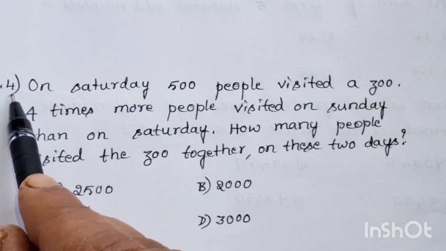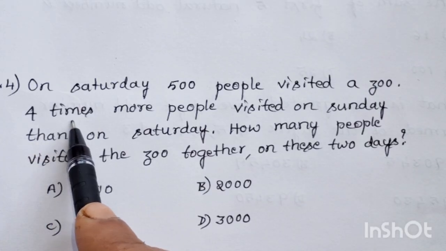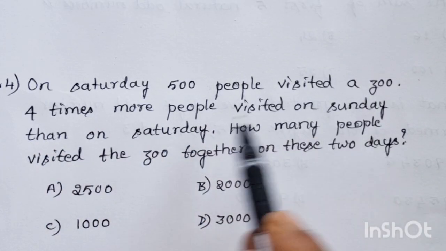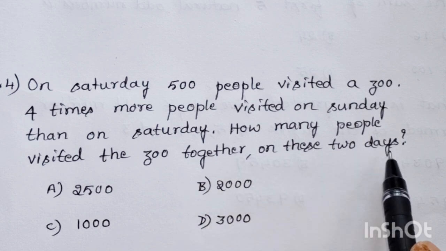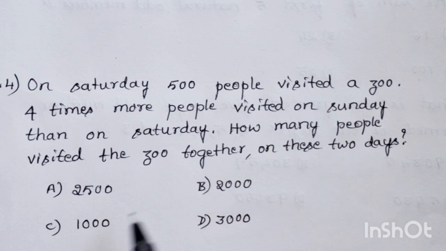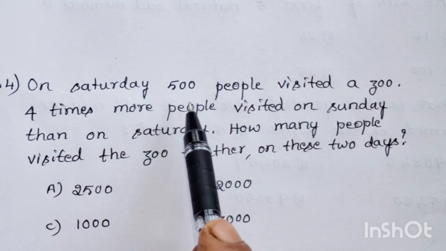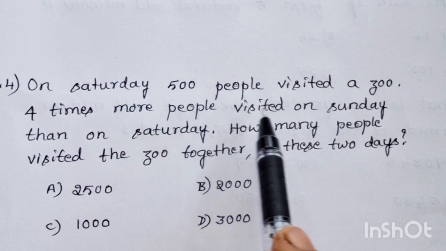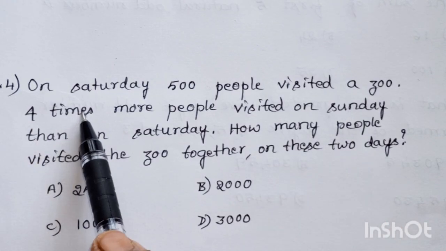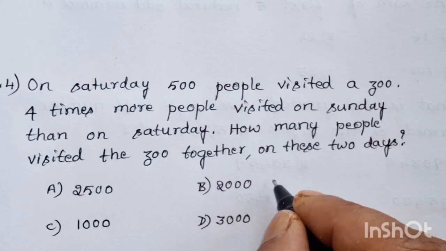Question number 4. On Saturday, 500 people visited a zoo. 4 times more people visited on Sunday than on Saturday. How many people visited the zoo together on these 2 days? Options: 2500, 2000, 1000 and 3000. The number of people who visited on Saturday is 500 and on Sunday 4 times more than that.